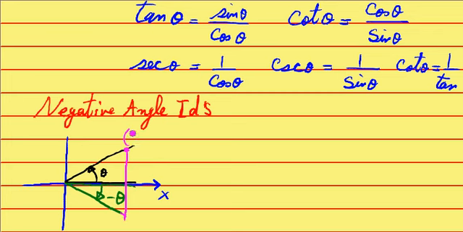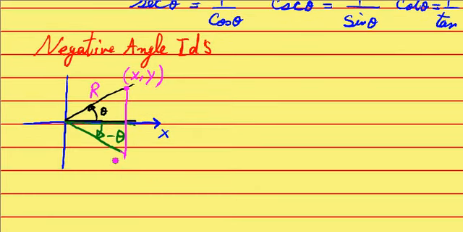Suppose this point has coordinate x, y, and this distance is r. What is going to be the coordinate down here? So if you flip over, it's the y that becomes negative. Okay, now let's go ahead and suppose I want to write sine of minus theta. Here's my angle.